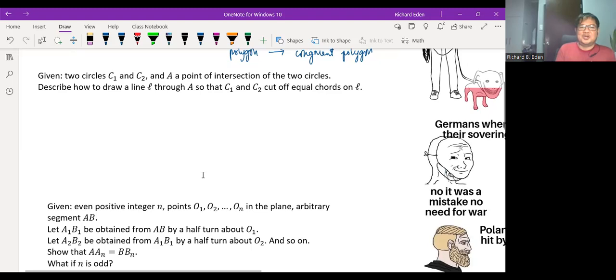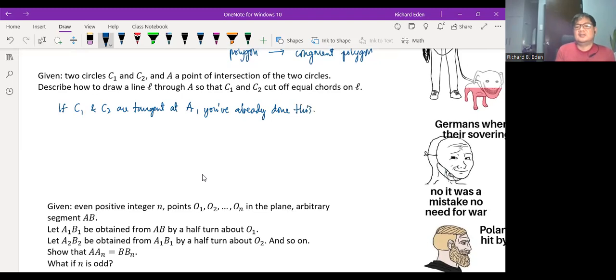If C1 and C2 are tangent at A, you've already done that. So that was the hole in my reasoning. It can only be explained by using translations, or actually half turns is what we will do now. So if C1 and C2 are tangent at A, you've already done this.